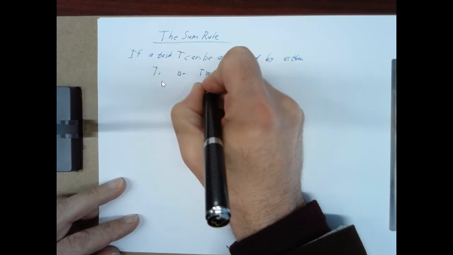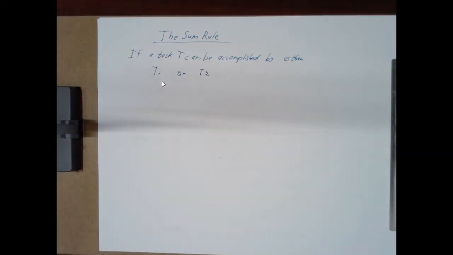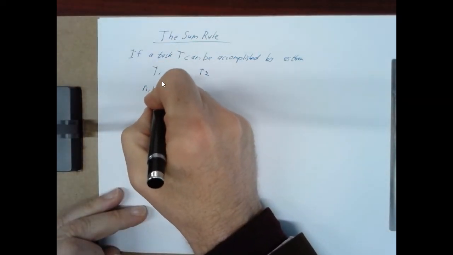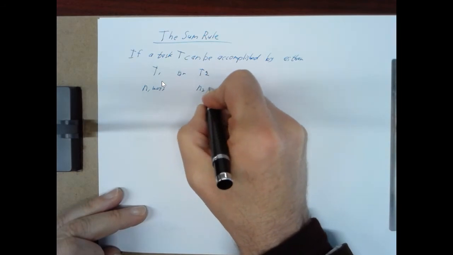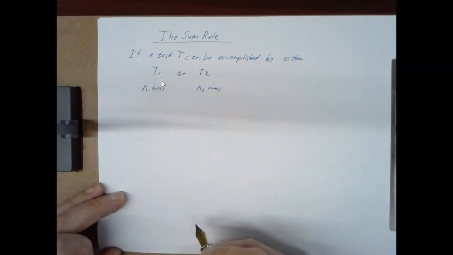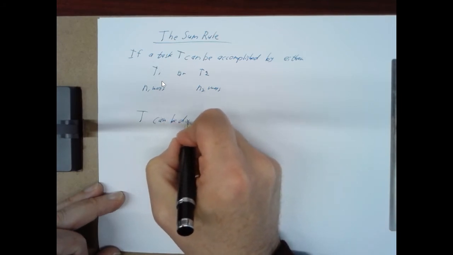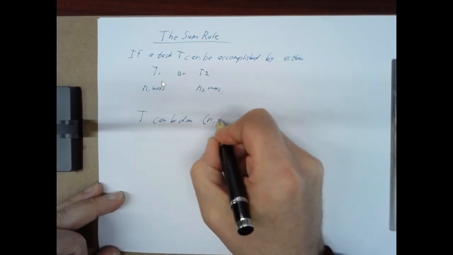In other words, we can split it into doing either this subtask T1 or this subtask T2, but you don't have to do both, right? Either one will complete the task, and if there's n1 ways to do T1 and there's n2 ways to do T2, then T can be done n1 plus n2 ways.